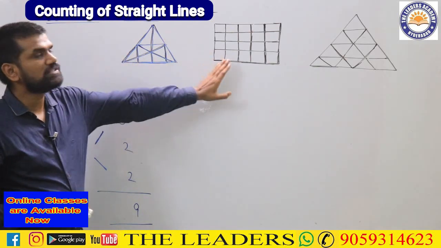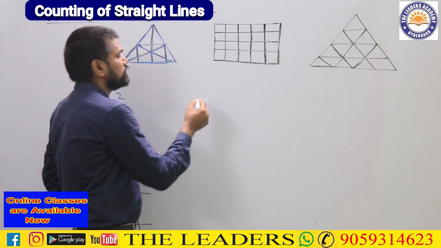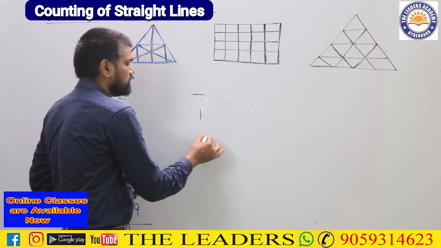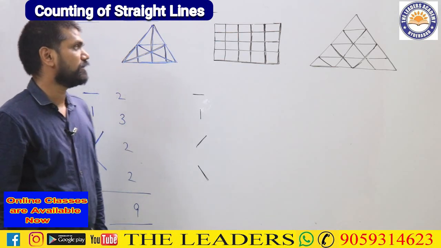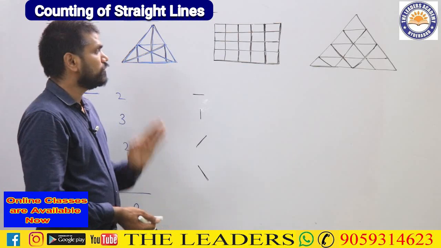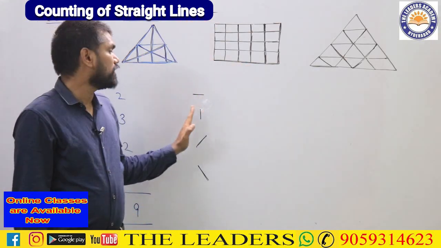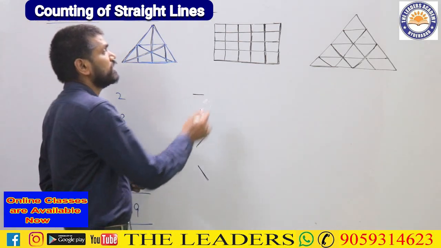Now if you go ahead with this diagram, to count the number of straight lines here, as I said, we go ahead with the horizontal lines, vertical lines and slant lines. These are the four types of lines that you can come across in any diagram. Now in this diagram, if you observe, you have only either horizontal or vertical lines. You do not have any slant lines over here.